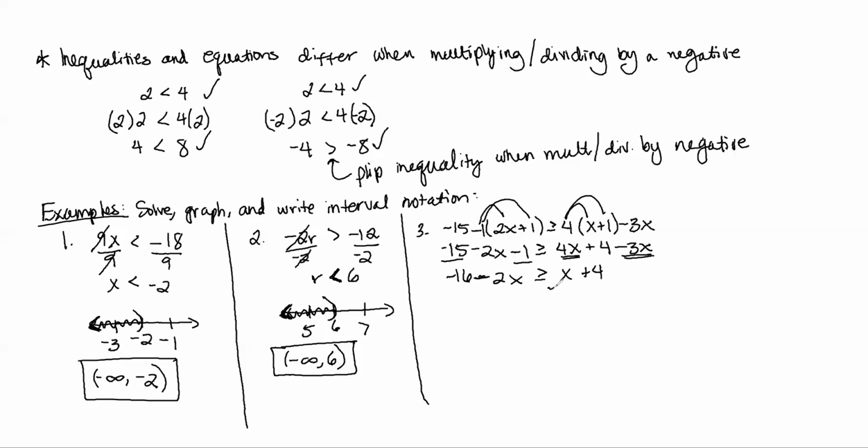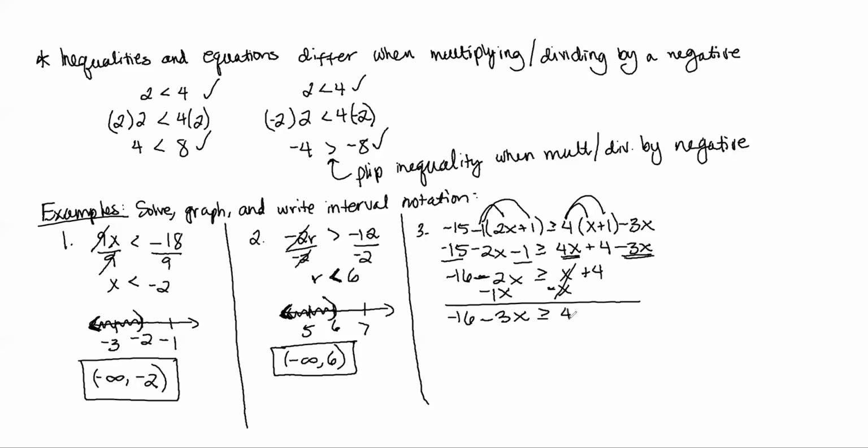So let's subtract x. Now we have negative 16, negative 2 minus 1 is negative 3x. Greater than or equal to, so we subtracted x, but we didn't divide by a negative, so we don't need to flip it quite yet.